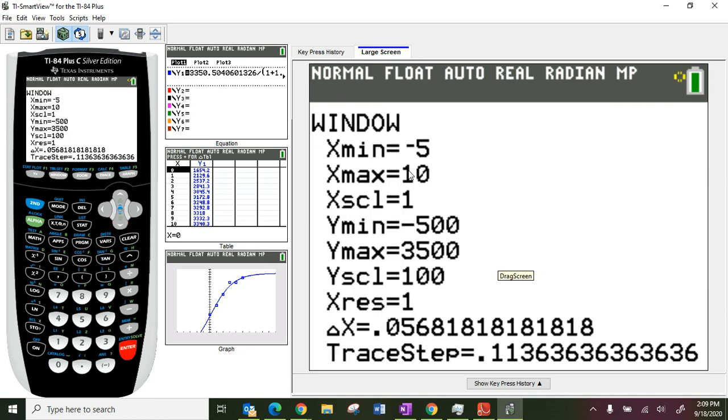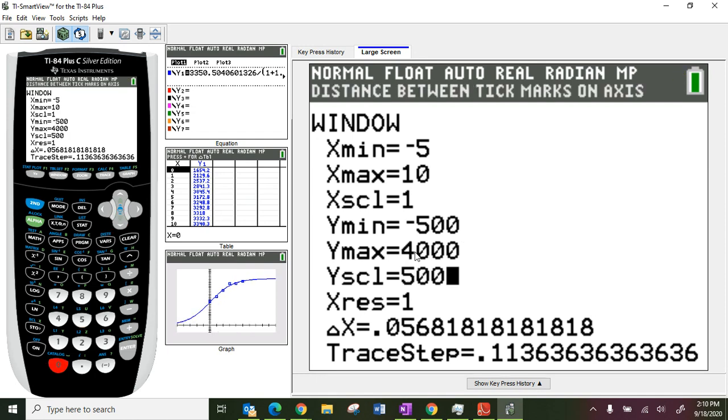I keep doing that, that's a negative, and I can't use the computer negative. Then I go here and I go 4,000. And then I'm going to change this to every 500, so every tick mark, and we have that.